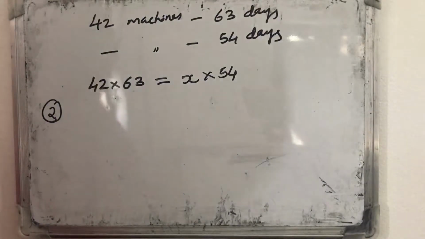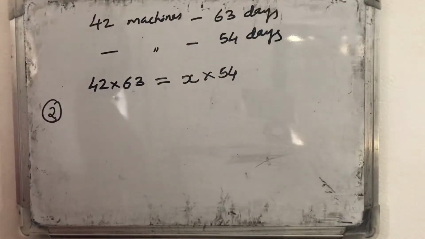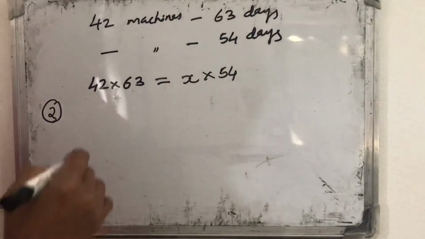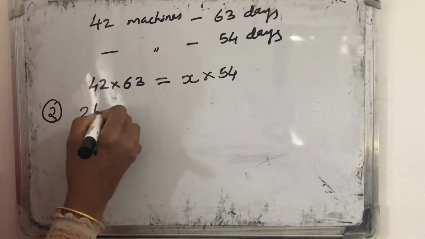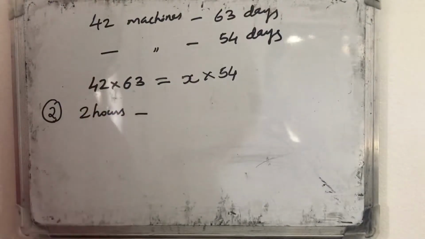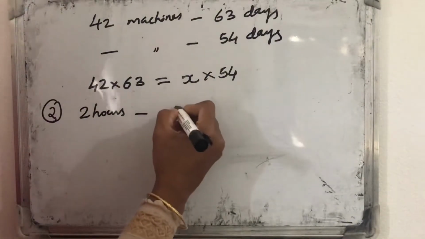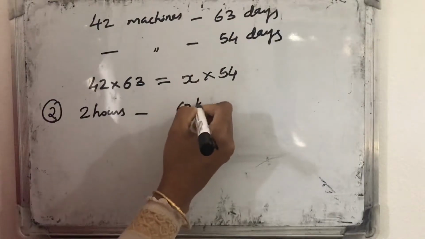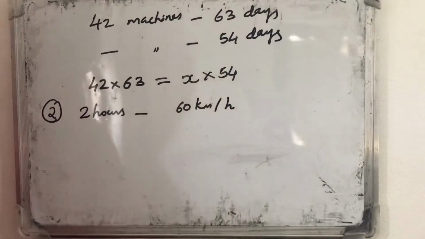Next question, look. A car takes 2 hours to reach a destination by traveling at the speed of 60 km per hour. So the speed is 60 km per hour in the first case.